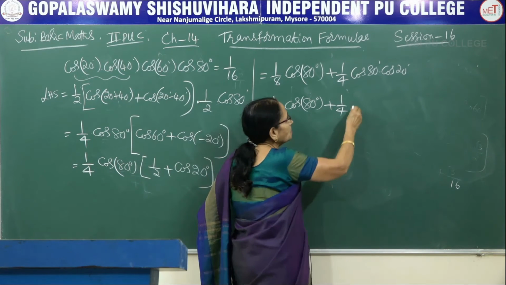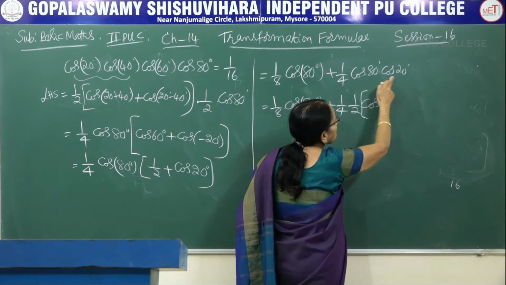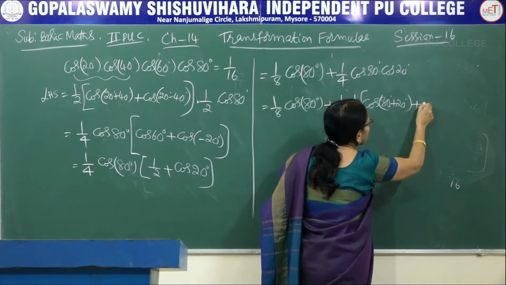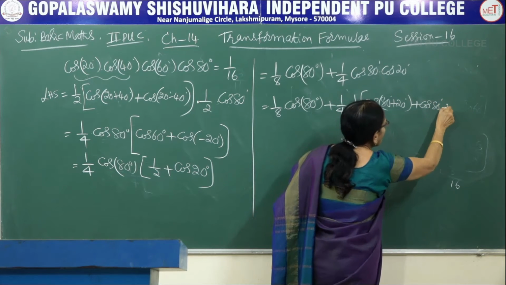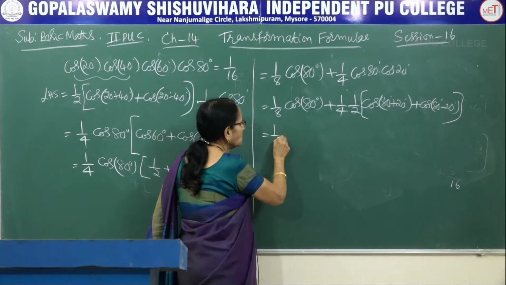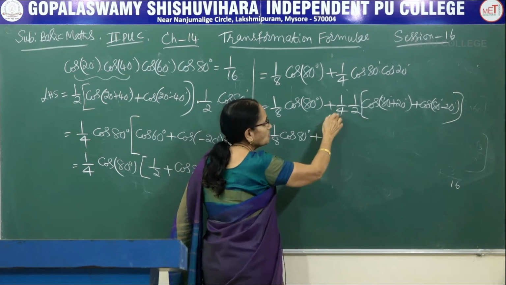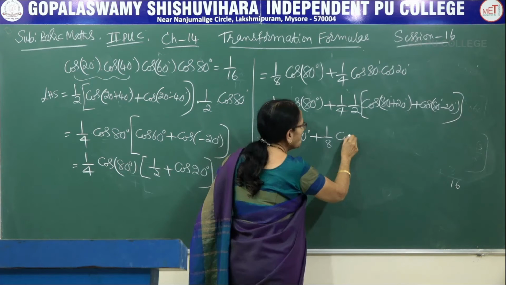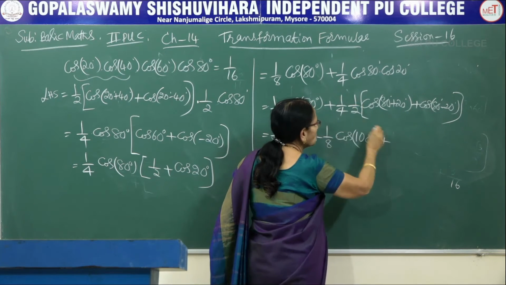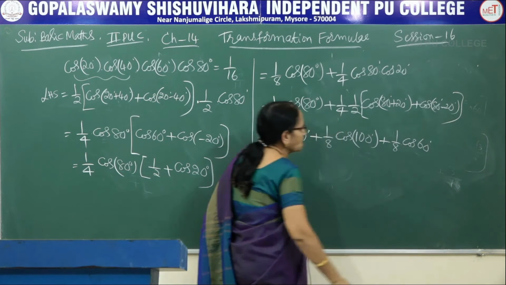So the same formula is applicable: half of cos of 80 plus 20 plus cos of 80 minus 20. If you want, you can write one more step. Finally, 1 by 8 into cos of 80 degrees plus 1 by 4 into 1 by 2, 1 by 8 into cos of 100 degrees plus 1 by 4 into 1 by 2, 1 by 8 into cos of 60 degrees.